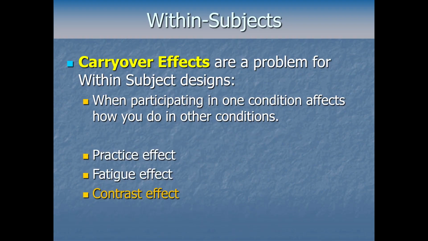There's also what we call a contrast effect that can happen, which is, again, a type of carryover effect, but it just means you perform differently in a later condition because of something about your experience in an earlier condition that makes something about this one more salient. So for example, if we're testing how people react to beautiful faces versus ugly faces, and maybe we have the beautiful pictures in the first condition.